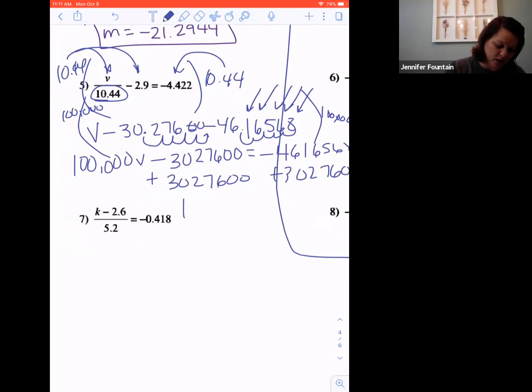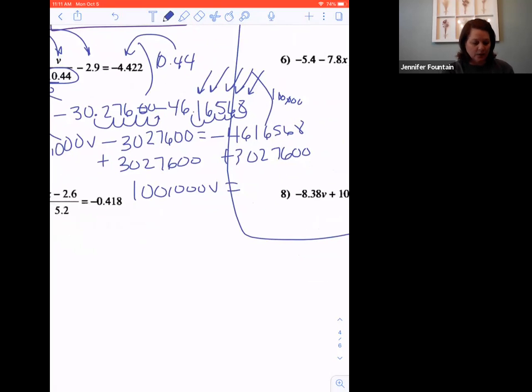So now I have 100,000 v is equal to negative, let's see what this number is, 4,616,568 plus 3,027,600. Okay, so let's see.